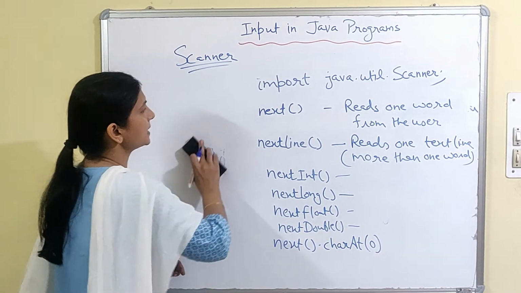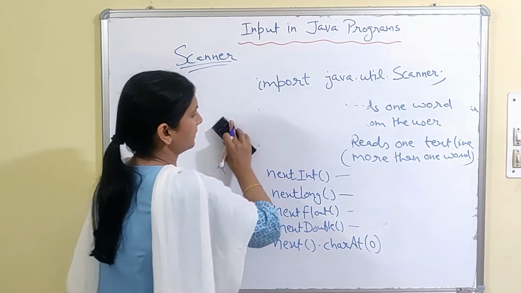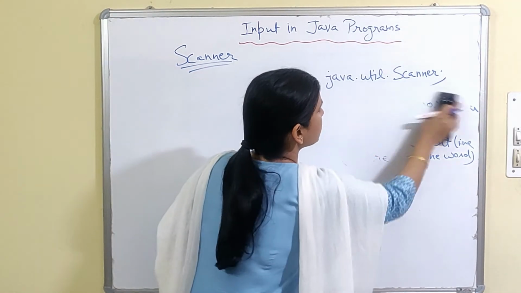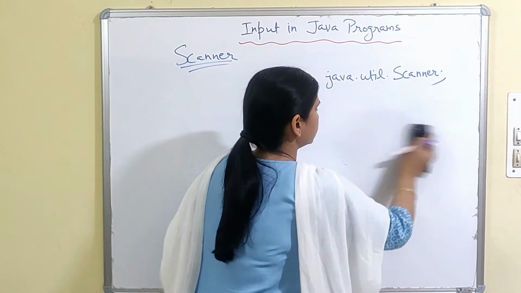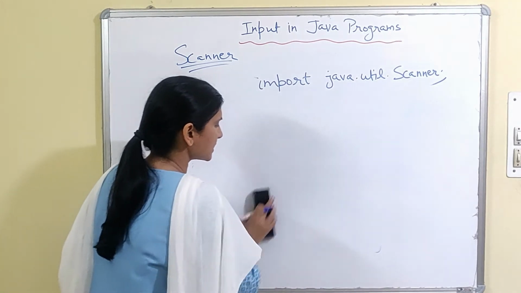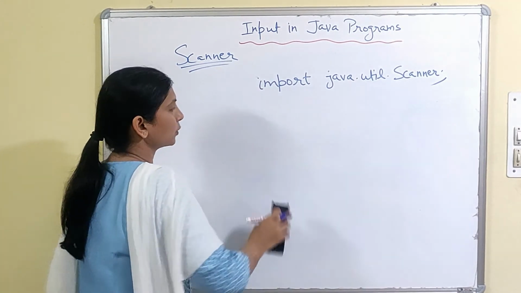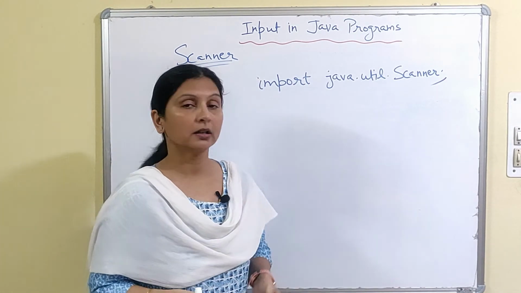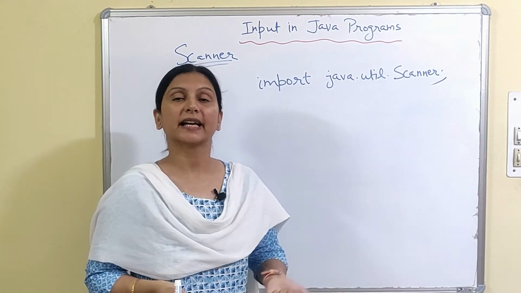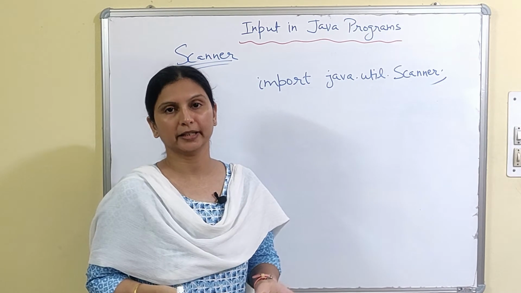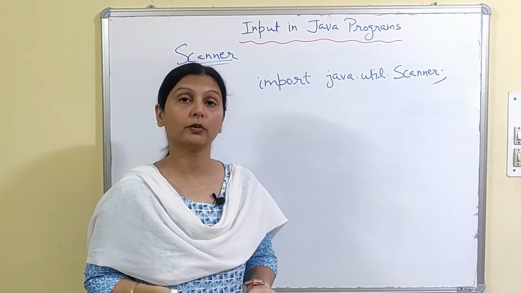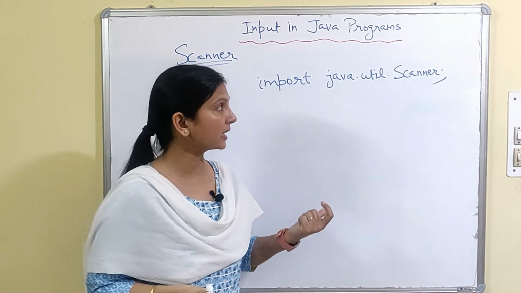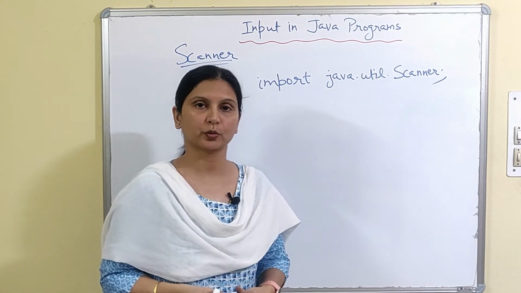I hope it is clear. Now we will see a program, the same program we will make. Just now we made the addition program, in which we assigned values to variables inside the program. But now we will see how we can use the Scanner class in the same program.